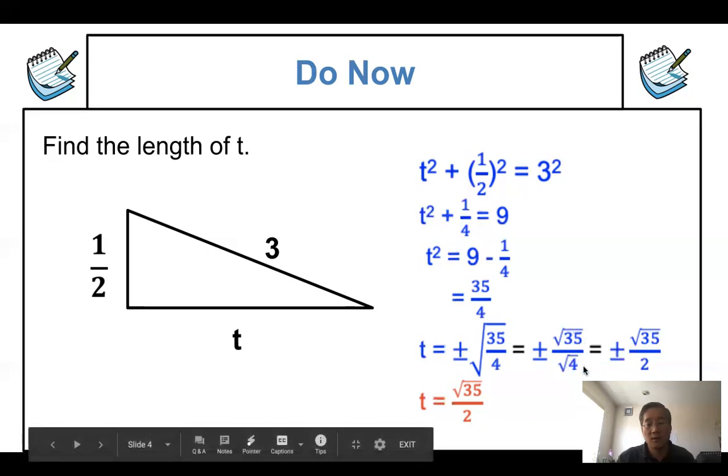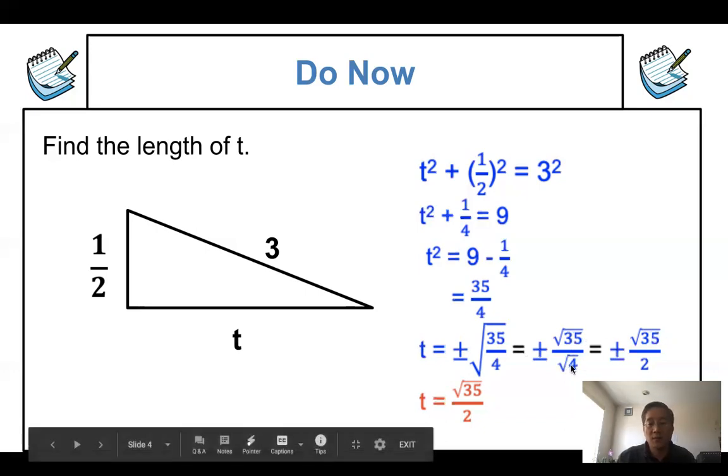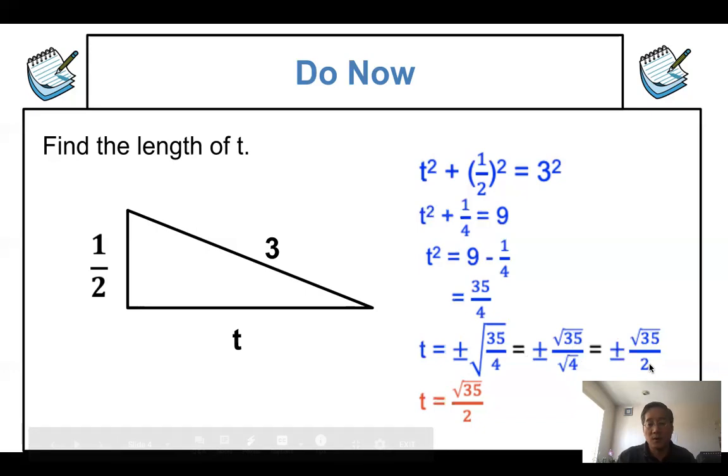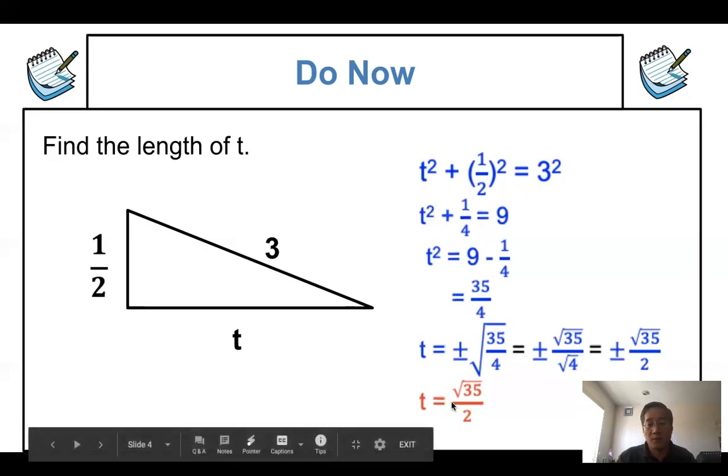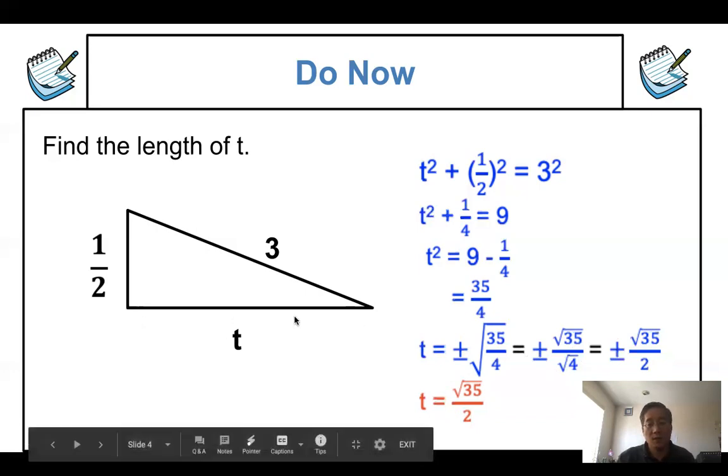Square root of 35, you cannot do anything, but square root of 4 is equal to 2. Now, what happened? Where did the negative sign go? Only plus? Yeah, it's a plus because this is the distance. Distance cannot be negative, right? So t is only square root of 35 over 2.